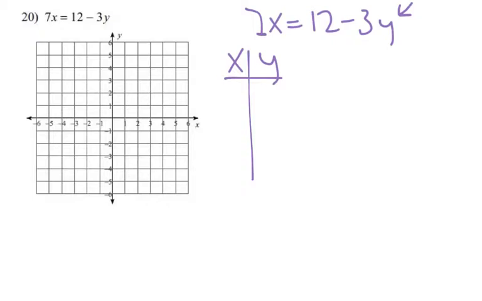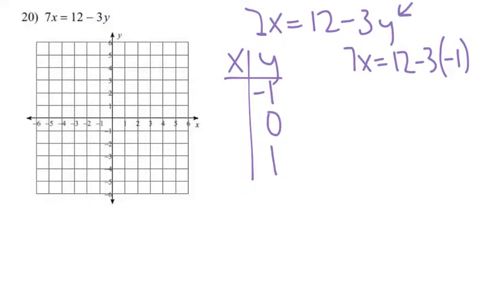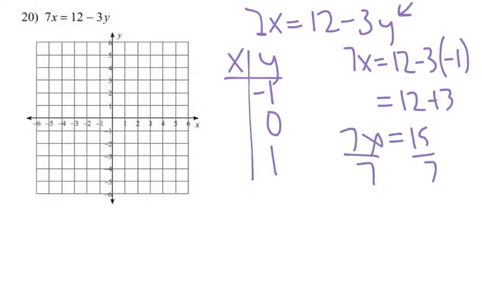Because I could pick numbers like negative 1, 0, and 1. Let's see what we get. Plugged in negative 1, 12 minus, or negative 3 times negative 1 would give us positive 3. 12 plus 3 is 15. 7x equals 15. Divide by 7. X would equal 15 over 7.